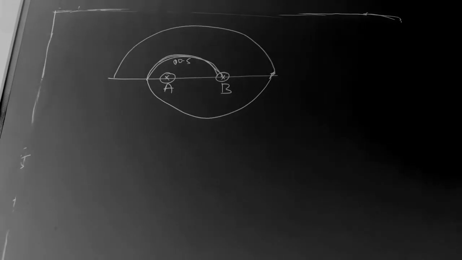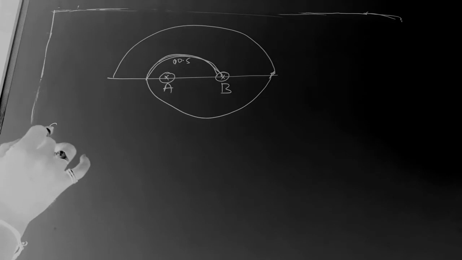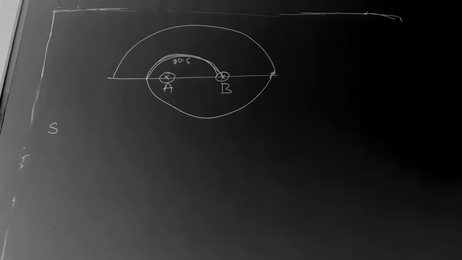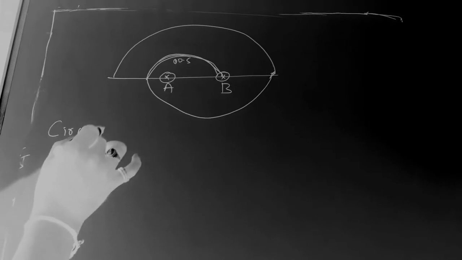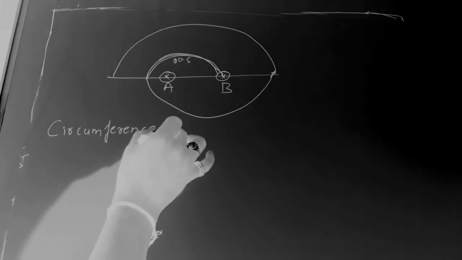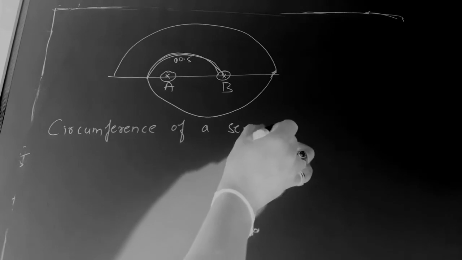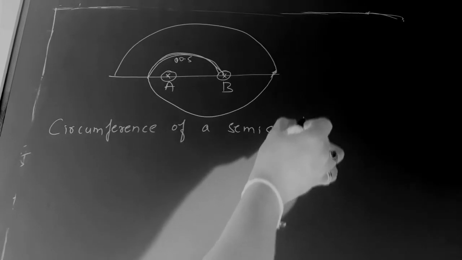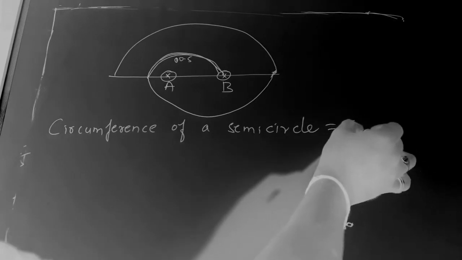Now what we have to do is find the circumference of a semicircle. What is the formula for the circumference of a semicircle? Pi r.